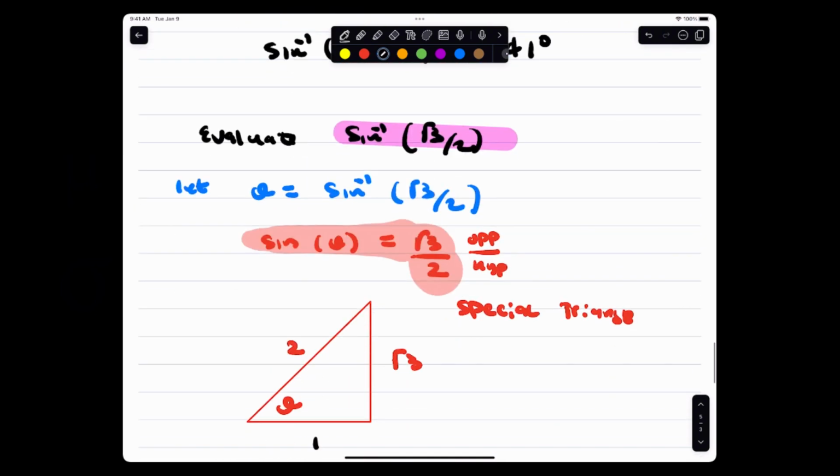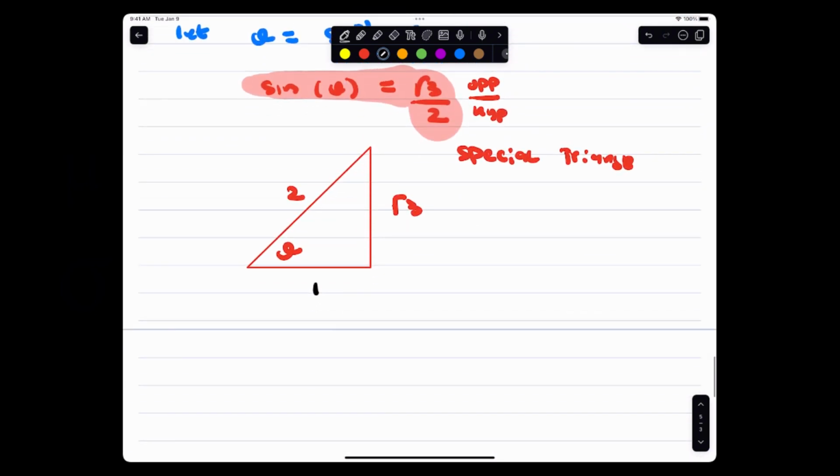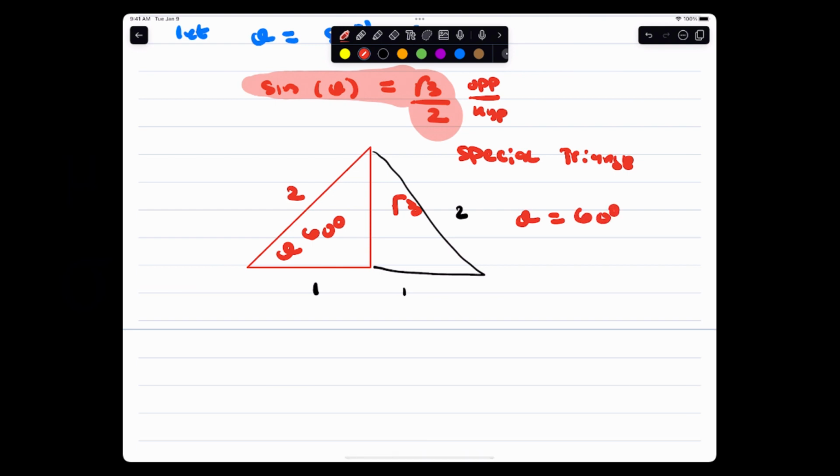But now, what is theta? See, what I see is this. What is theta going to be now? What degree is theta going to be? Now it's going to be what? 60 degrees. And what is 60 degrees as radian measure? Pi over 3.